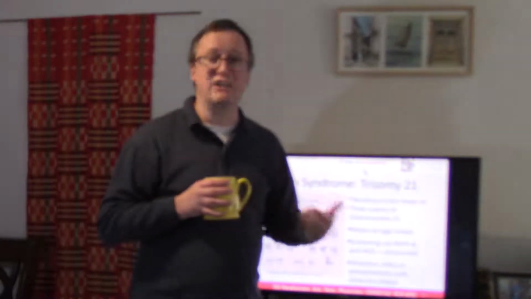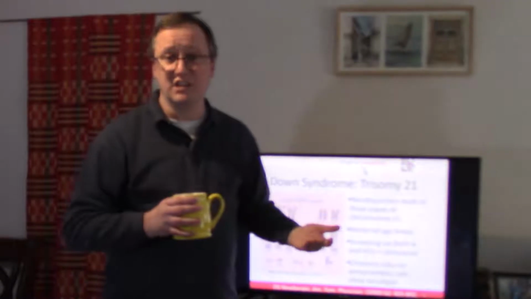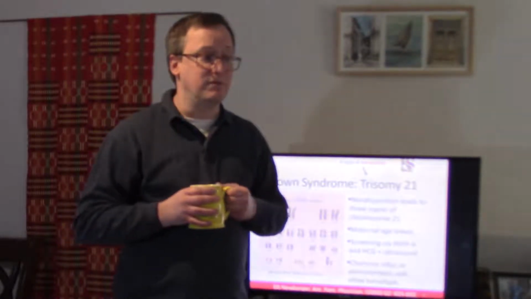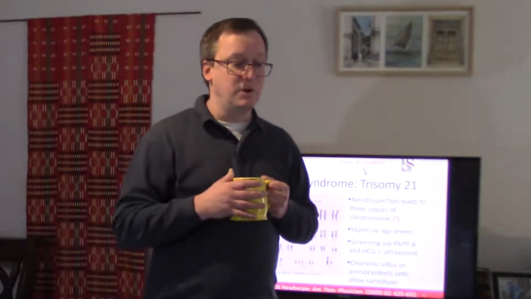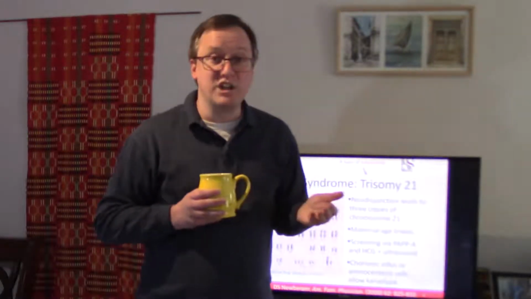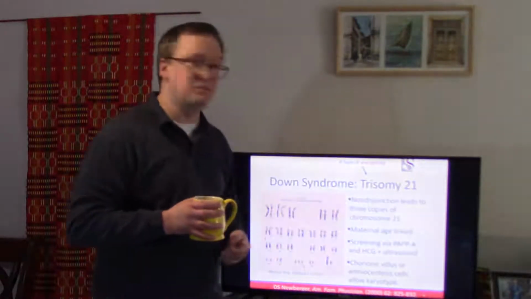Mothers who are at higher ages have a disproportionate chance of producing a trisomy 21 in growing fetuses. So particularly if you're thinking that you want to start your career and get going with that, and babies we can hold off until you're in your 40s, like my age, then in a case like that, you'd better be thinking about the increased chance that is associated with trisomy 21 that's associated with that choice.